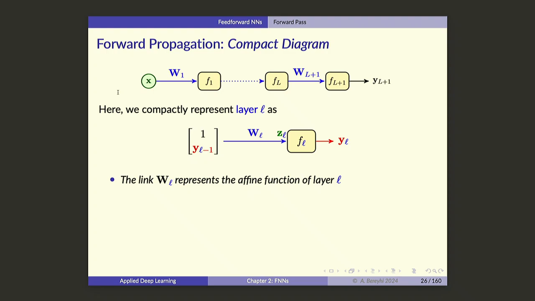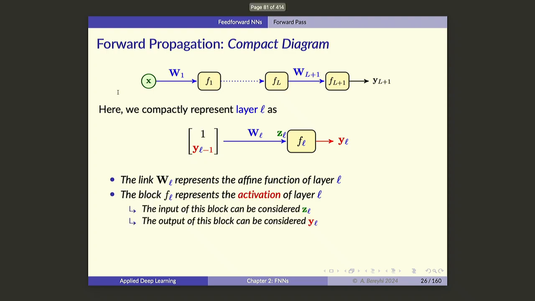So you don't forget adding 1, because I just dropped the bias, and you need to always keep in mind that there is one extra dummy variable there. Yeah? But it's not a very crucial thing, just when you want to implement. So WL basically is just the matrix of all the weights, and this FL block is basically the activation function, which gets ZL, which is the transform after passing through the WL, and then YL is the activated version.